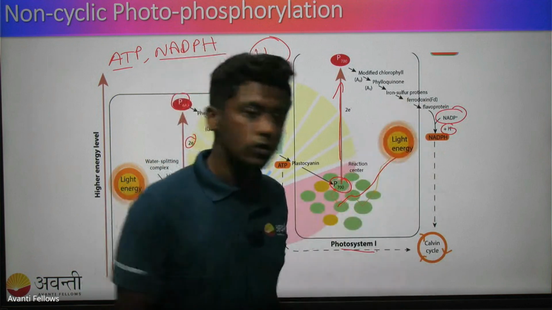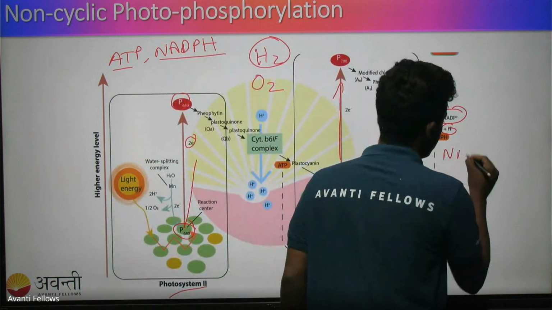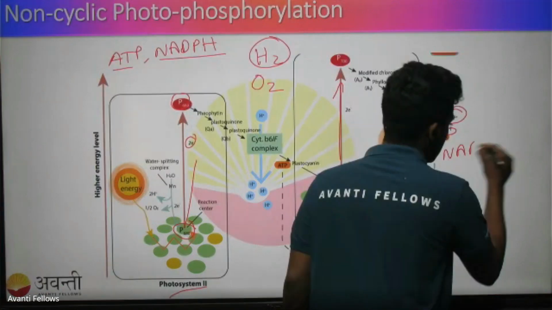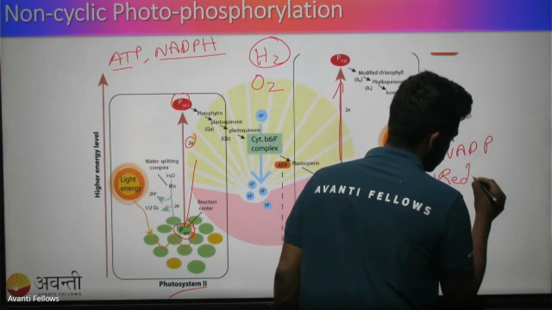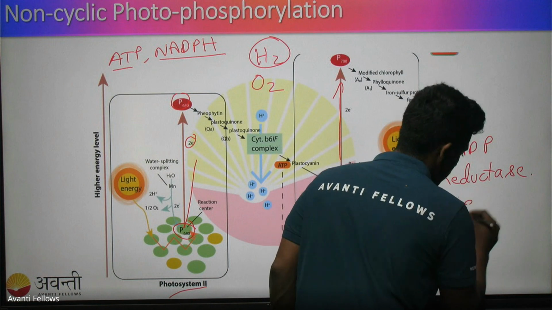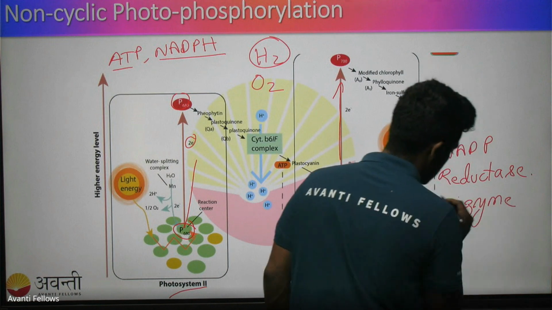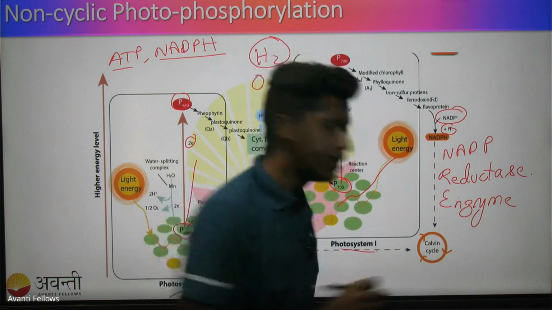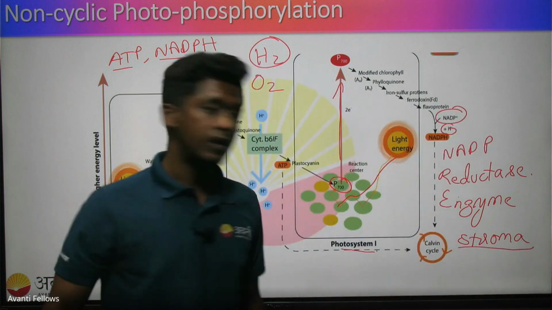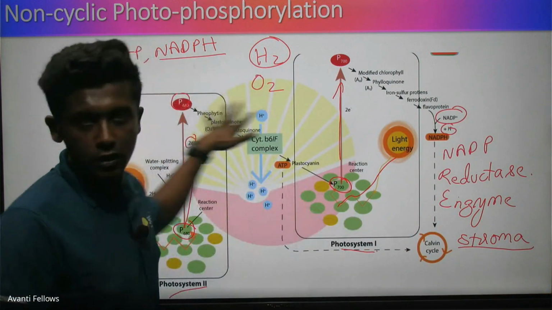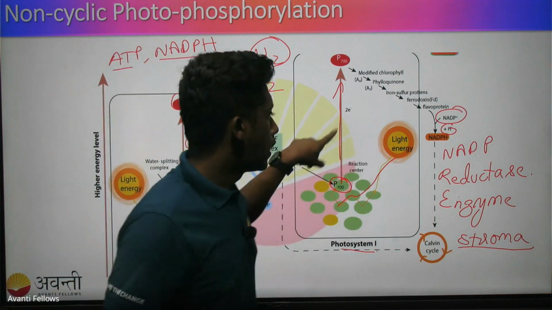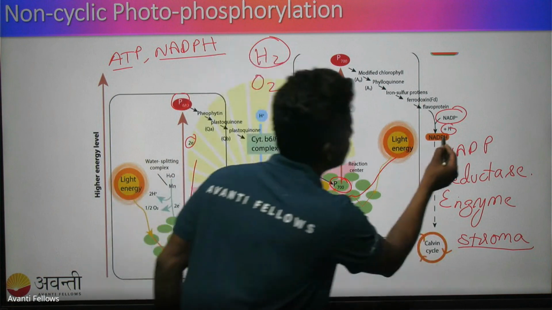Who does this process? NADP reductase enzyme. Where is it present? It is present in the stroma. We are talking here about the chloroplast. Understood? So this reduction happens, and finally we get NADPH.